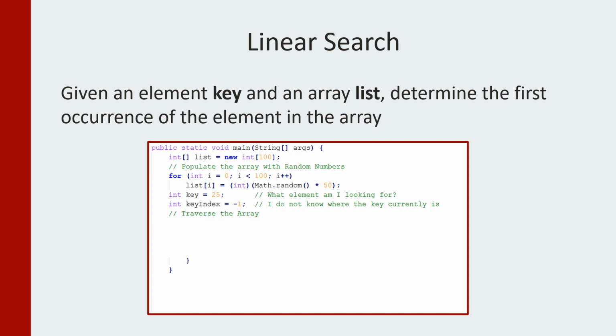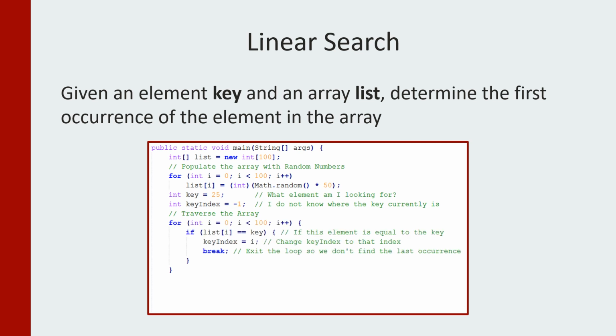well, we already know how to traverse an array. We actually did it above when we did that loop. We're going to do another loop, and inside my loop, I'm going to check, is list at i equal to the key that I'm looking for? If it is, then I'm going to set key index to be equal to i. And by the way, I don't have to keep looking, so I can break out of the for loop now.